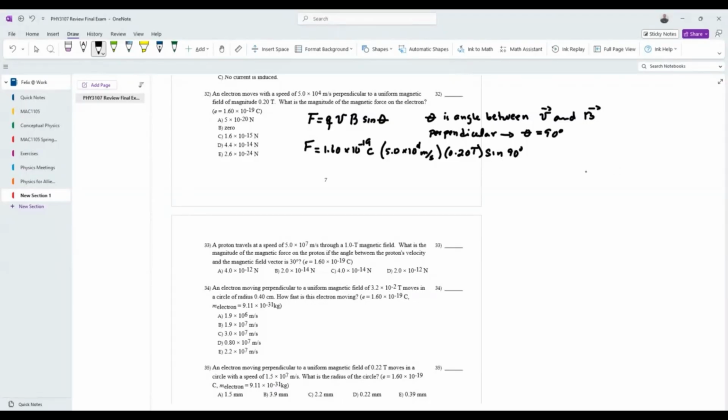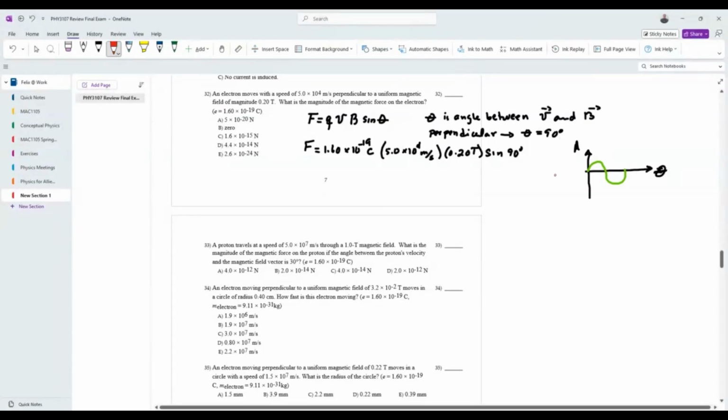The sine function is a function like this. So here at 90 degrees, it takes a value of 1. So sine of 90 degrees is going to be 1.